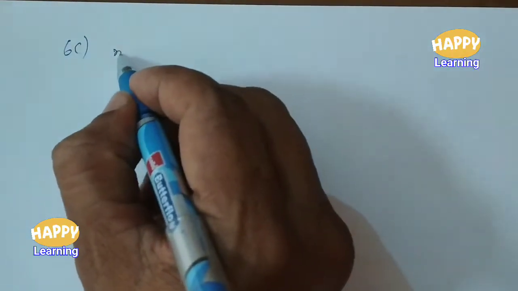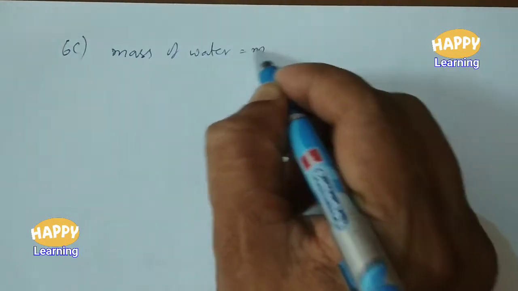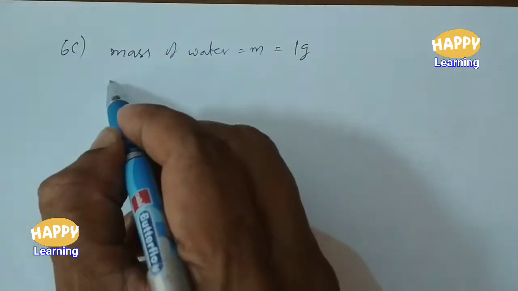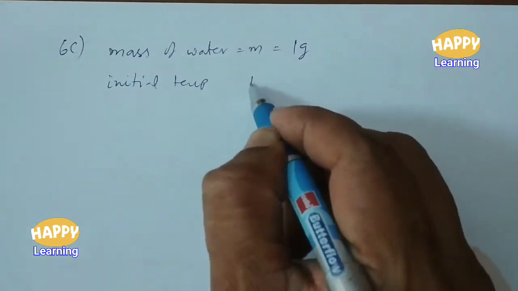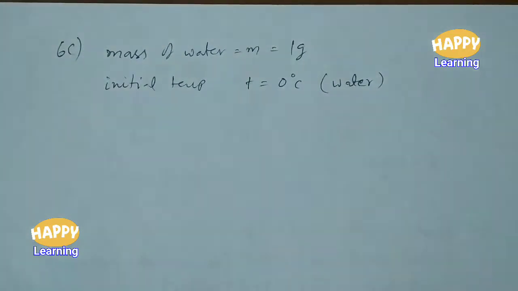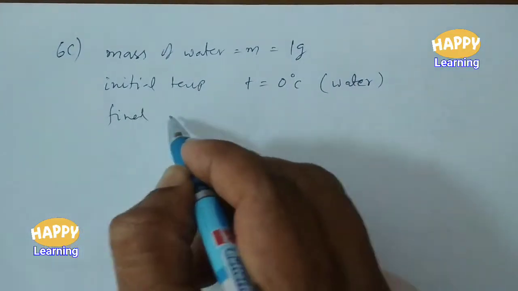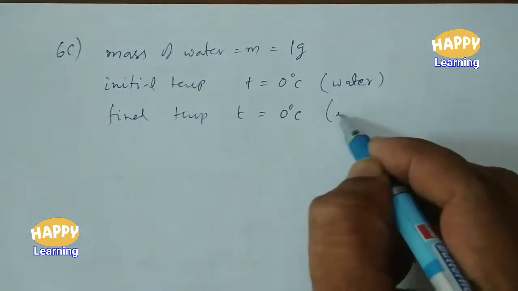Next, sixth C. Mass of water m equal to 1 gram. Initial temperature T equal to 0 degrees Celsius. This is water. And final temperature T equal to again 0 degrees Celsius. Here it is ice.